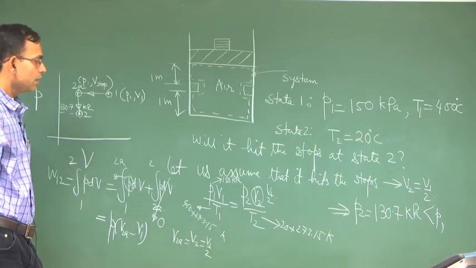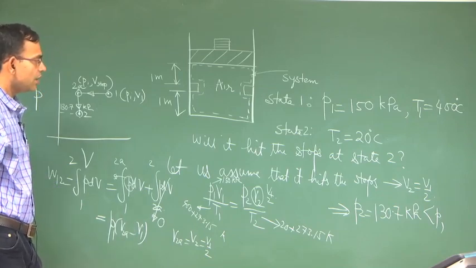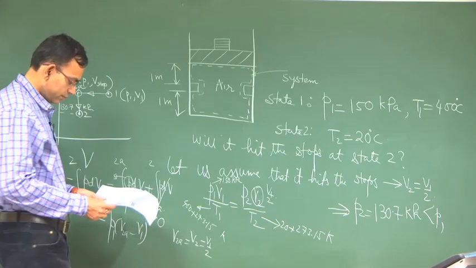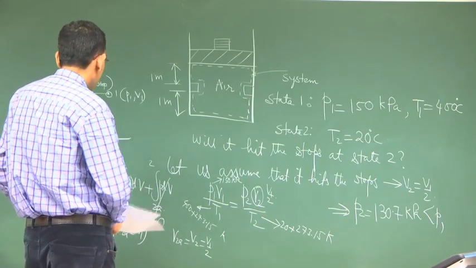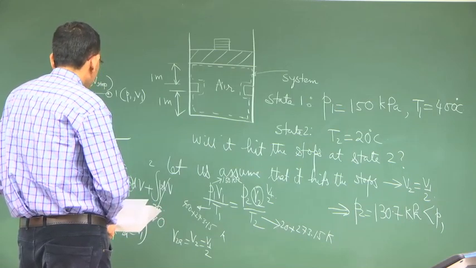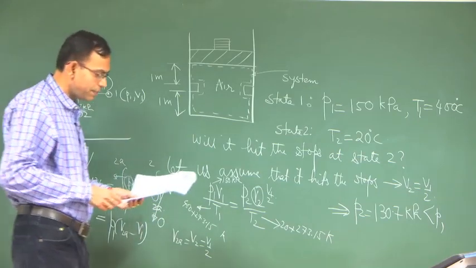Okay. So, you can substitute the values and get what is the work done. You can find out the work done only per unit mass here, and that is what is expected.